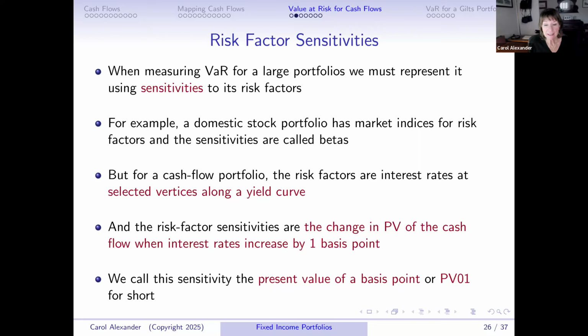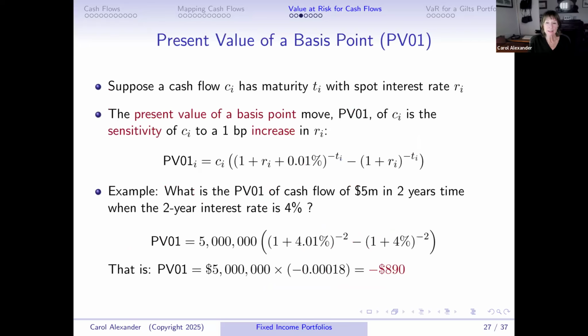Just like the beta is the sensitivity to a 1% increase in the stock market index, the PV01 is the sensitivity to a 1 basis point increase in the interest rate. So we call it PV01, or present value of a basis point, PVBP. I prefer PV01. How do we calculate it?